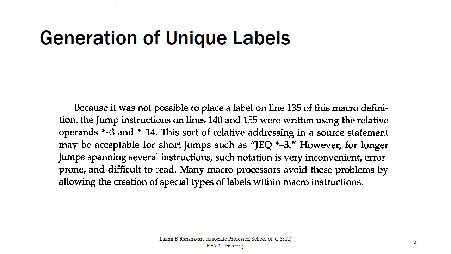So 3 bytes we know, but what it means is not clear. That's why it is very difficult to read such instructions. So in such cases, we are going to write special types of labels within the macro instruction.